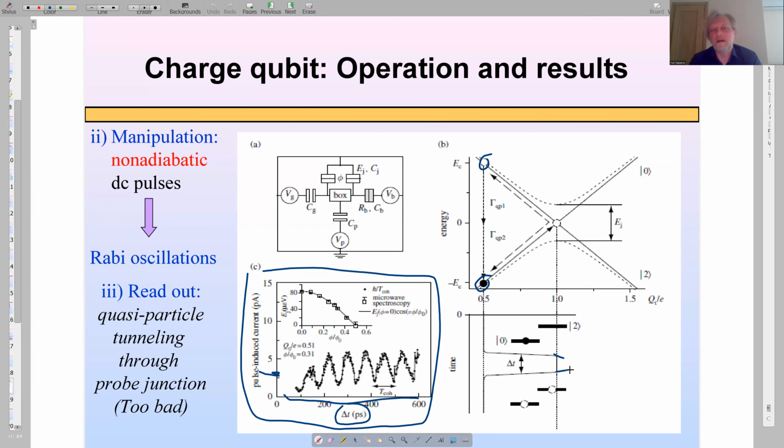And what I want to say, of course, it was very good for demonstration. The qubit was natural, involving only two states, but it was not good for practical purposes. And the reason is enormous charge noise in the systems, in these systems, the potentials of islands are affected by background charges in the substrate.